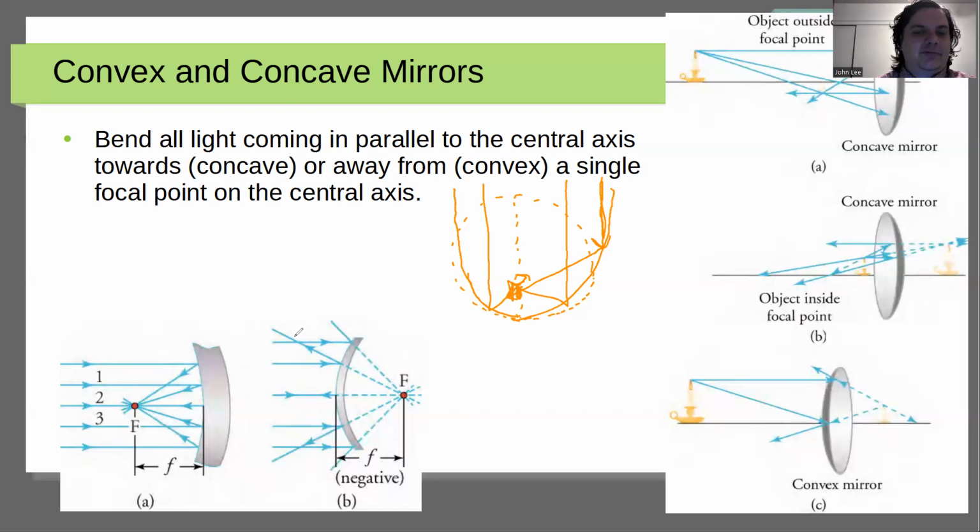It's just reflecting outwards at bigger angles than it came in.